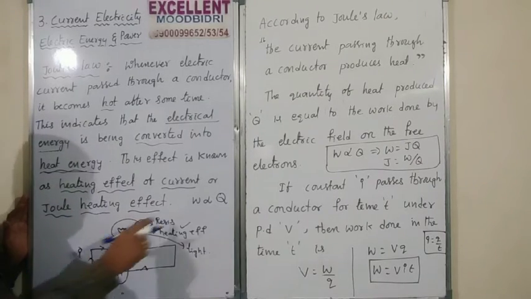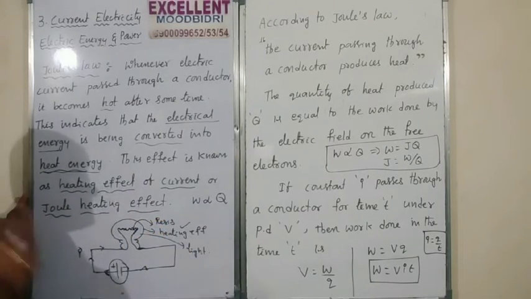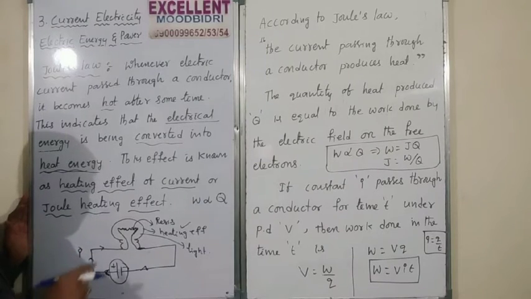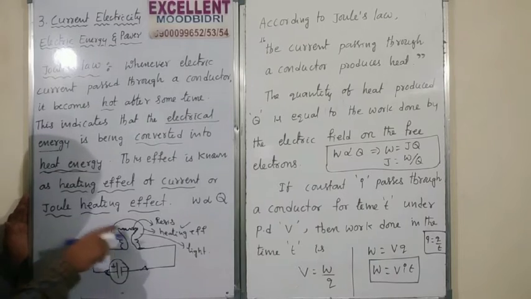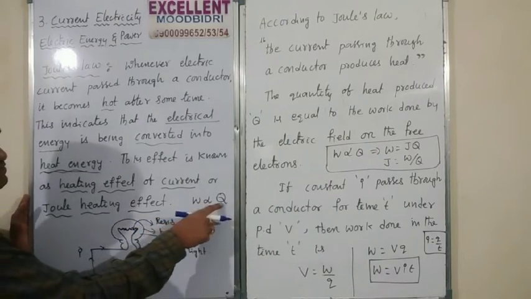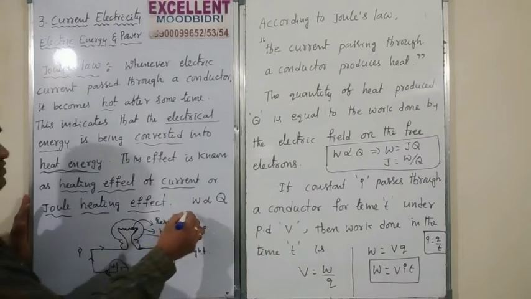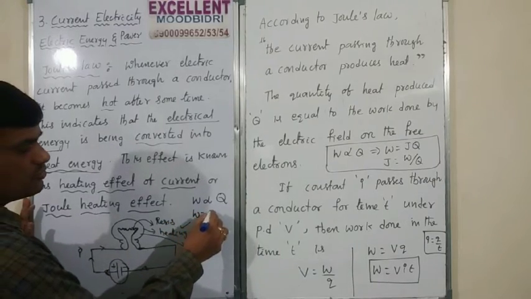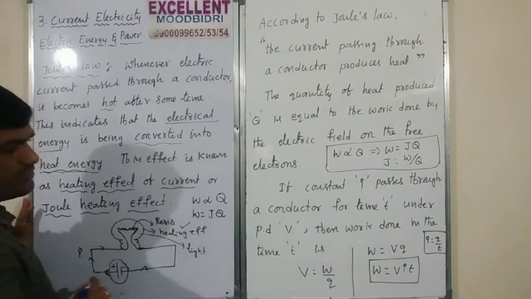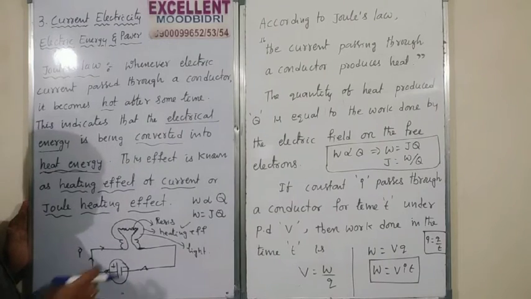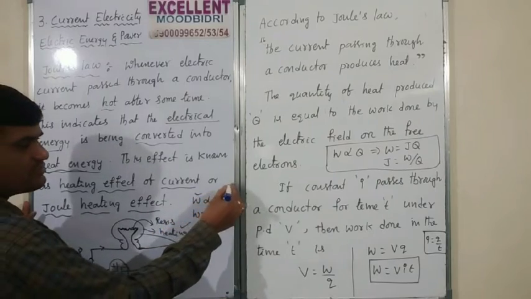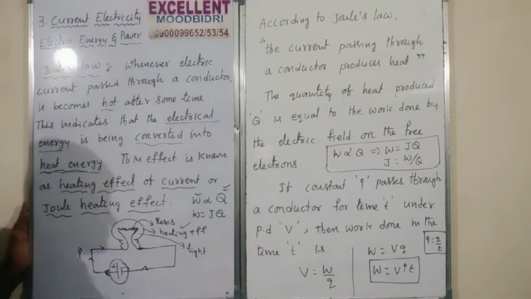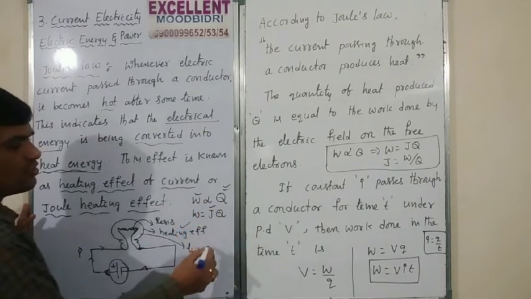So W is proportional to Q, that is W = JQ. You know this formula very well. It is the relation between work done and heat energy, here electrical heat energy, where J is the Joule constant.